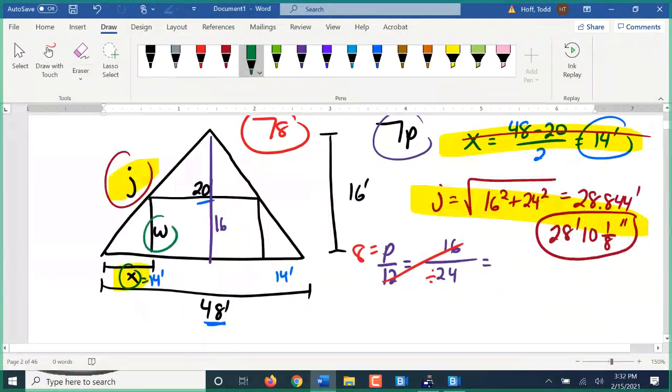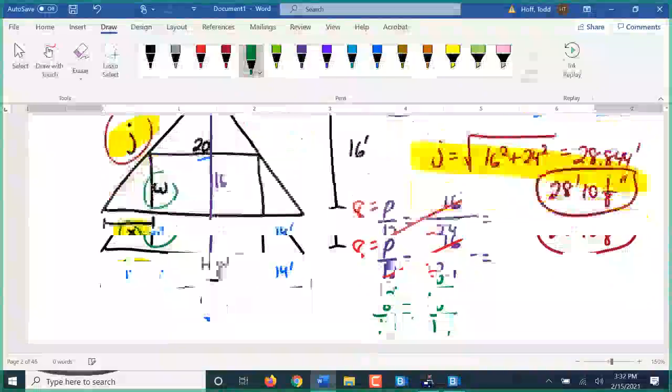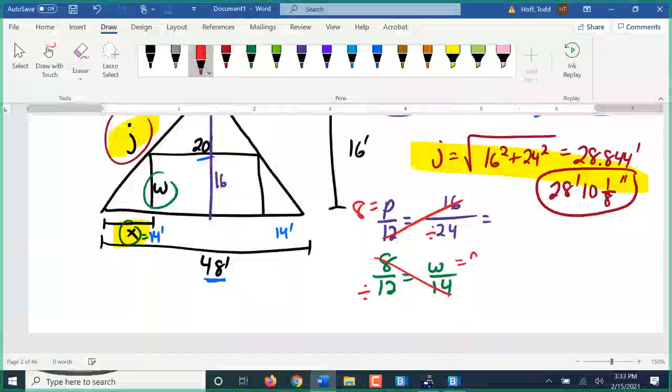Now to find W, I've got the 8/12 slope equals W over 14. 8 times 14 divided by 12 is, what is that, 9.6 feet?